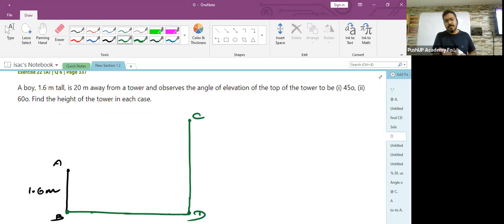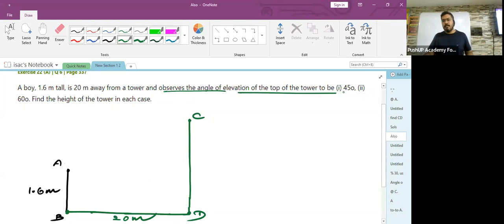So here the foot of the person is B. The foot of the building is D. So the distance between the boy and the tower is BD, right? So I can write here BD is equal to 20 meters. And he observes the angle of elevation of the top of the tower to be 45 degree and then 60 degree.